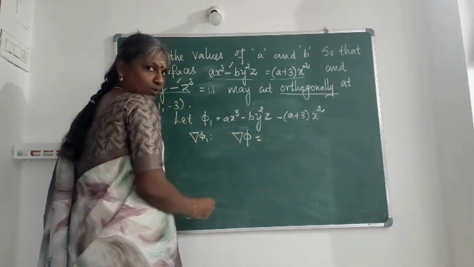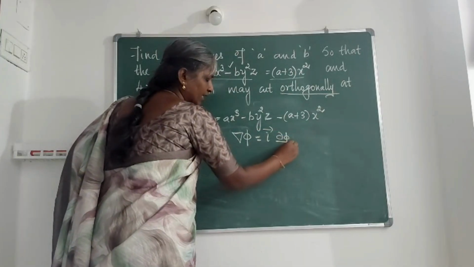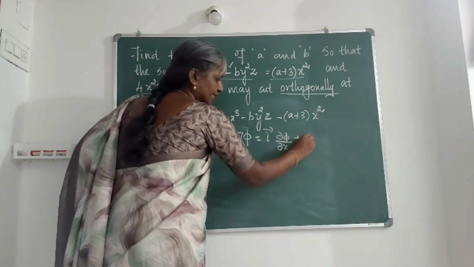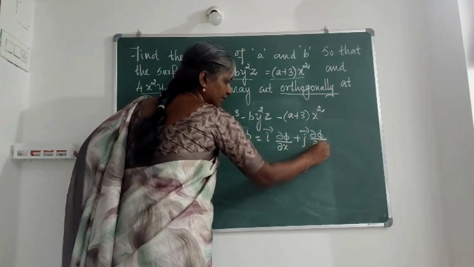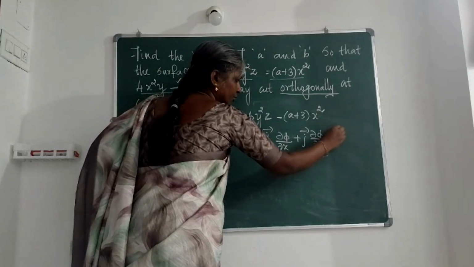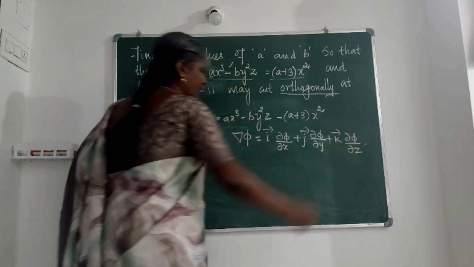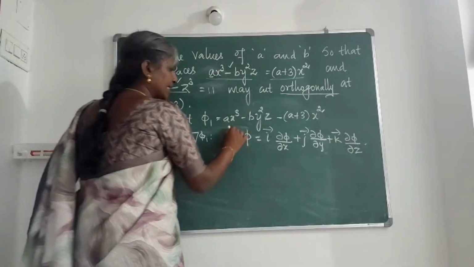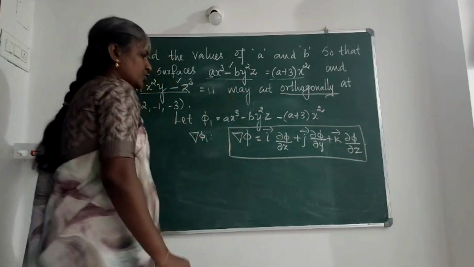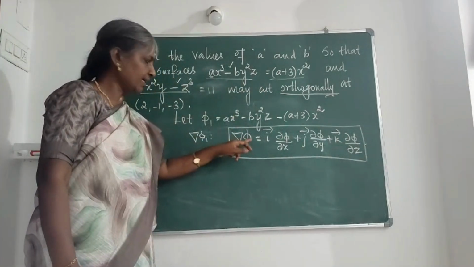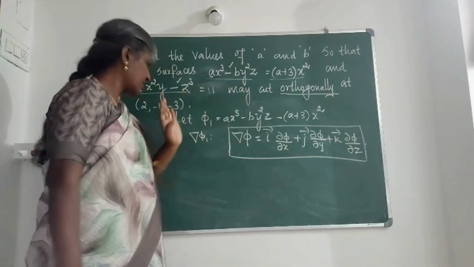Del phi is equal to vector i into dou phi by dou x plus vector j into dou phi by dou y plus vector k into dou phi by dou z. This is the formula for finding the gradient of the surface. The surface is phi, so del phi is given by this formula.